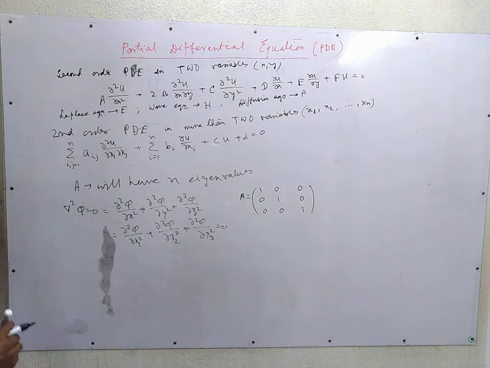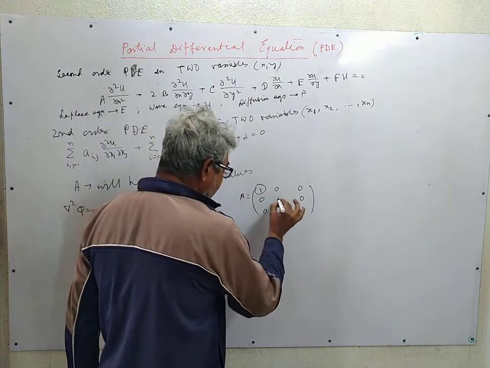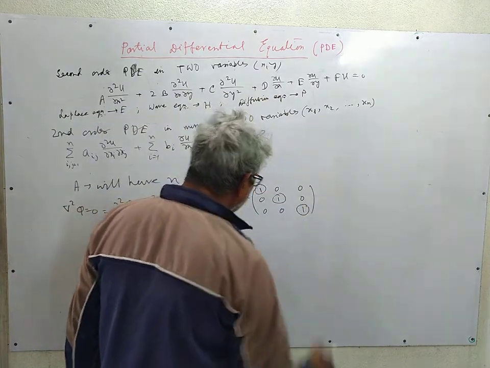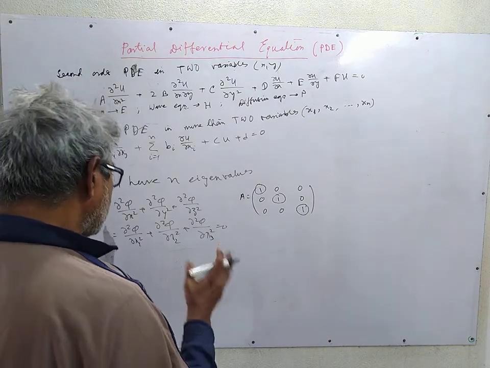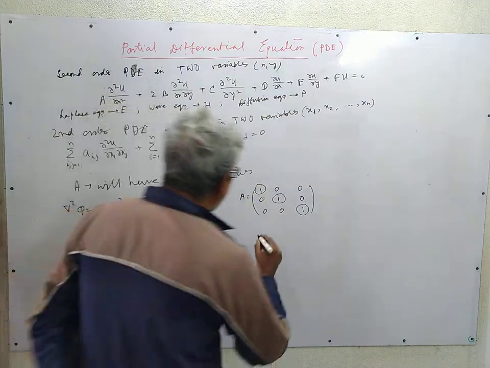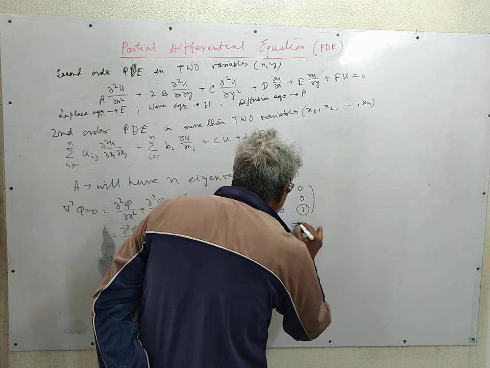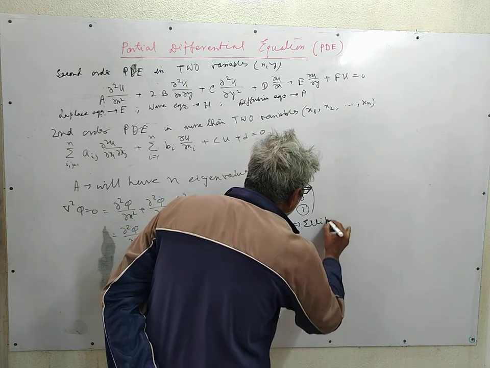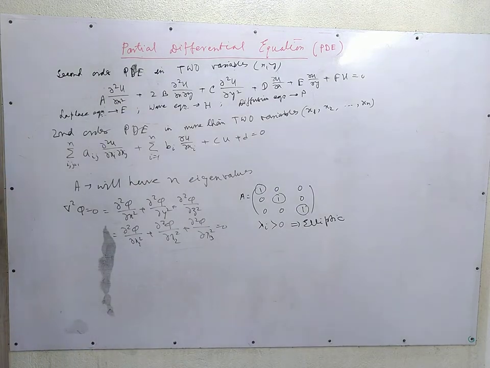So this matrix is diagonal, and these are the eigenvalues of it. We see that all the eigenvalues are positive. When all the eigenvalues are positive, the differential equation is called elliptic. This is the definition of an elliptic differential equation.